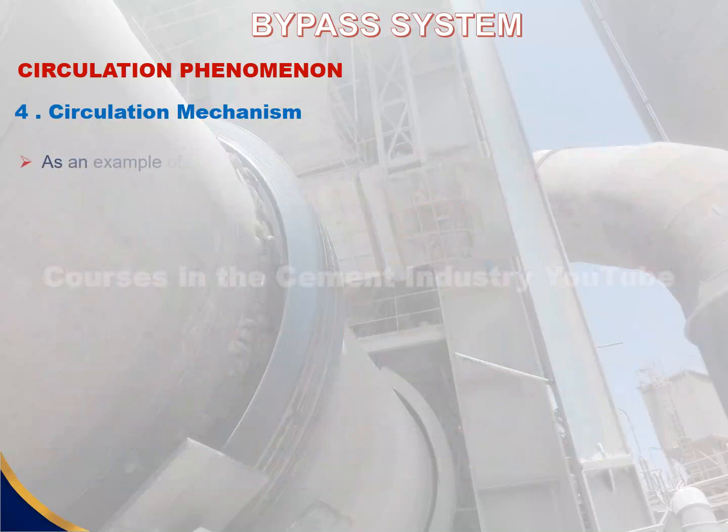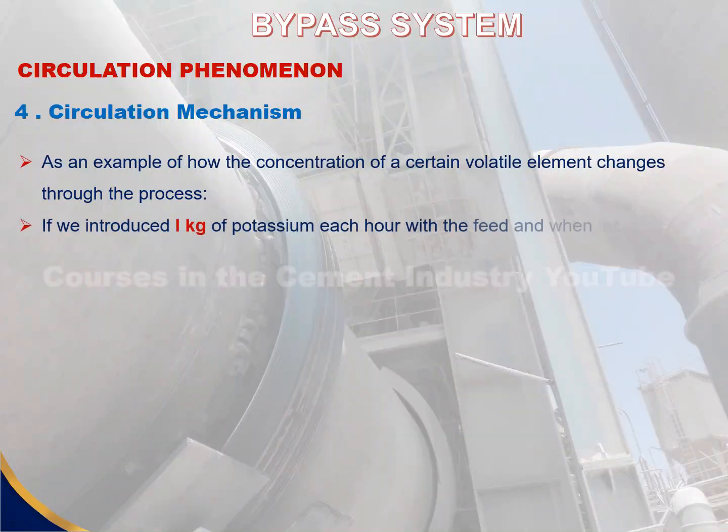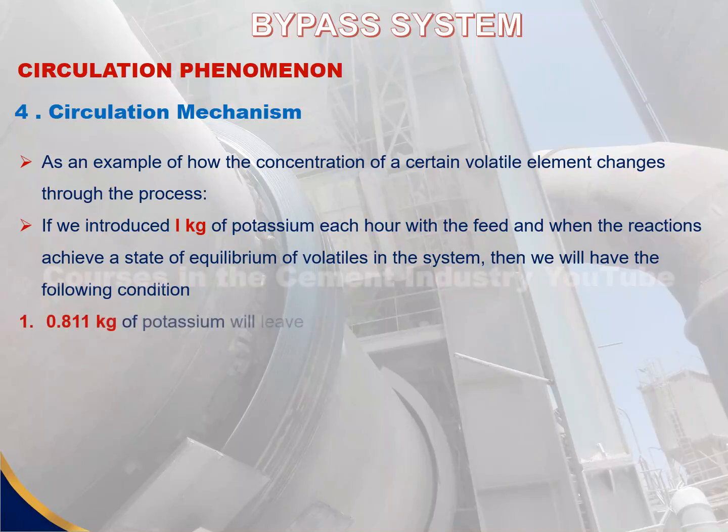As an example of how the concentration of a certain volatile element changes through the process, if we introduced 1 kilogram of potassium each hour with the feed, and when the reactions achieve a state of equilibrium of volatiles in the system, then we will have the following condition. 1. 0.811 kilograms of potassium will leave with the clinker. 2.